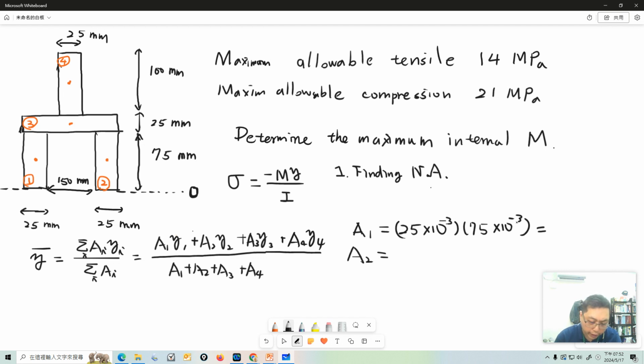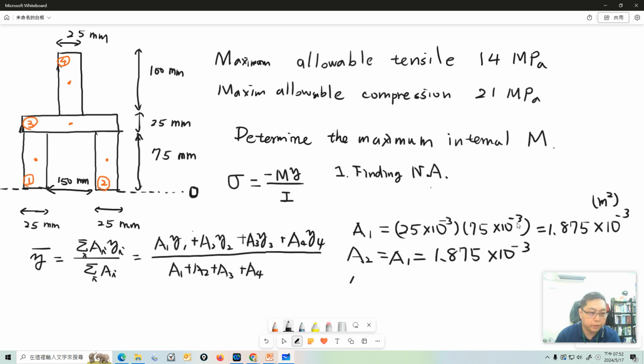If you use your calculator, it's 1.875 times 10 to the power minus 3 square meters, and A2 equals A1, so its dimension is the same and we don't have to calculate again.